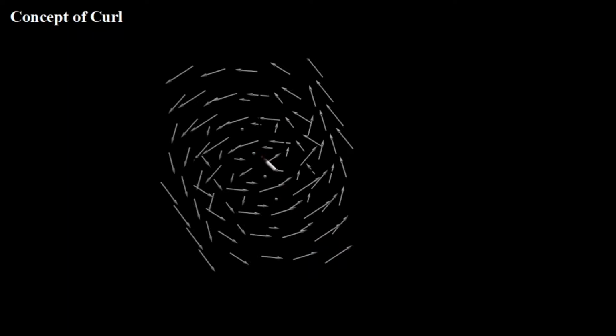And these small vectors, which represent the circular motion around this axis, are curl. So if I can calculate the direction and magnitude of this vector, it will give me the curl.